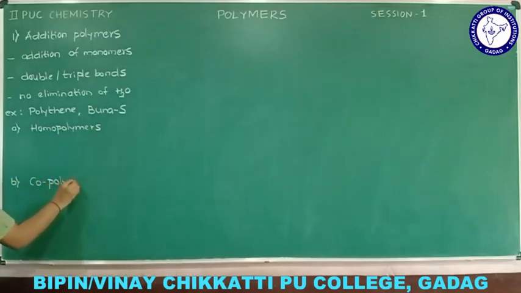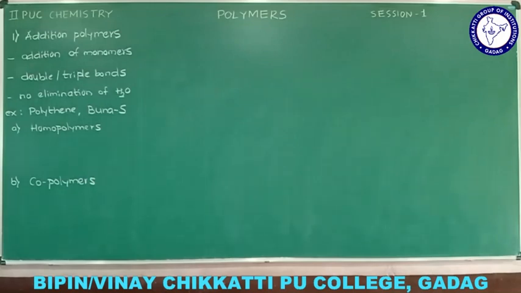So we'll see now what homopolymer stands for, and what copolymer stands for. Try to know homopolymers and copolymers belong to addition polymers only. That is, you may get double or triple bonded monomers, and of course in these two cases there will be no elimination of simple molecules like water.